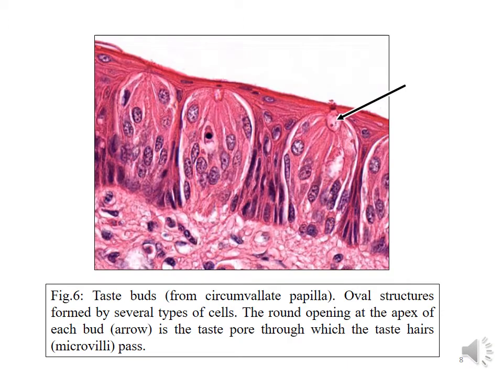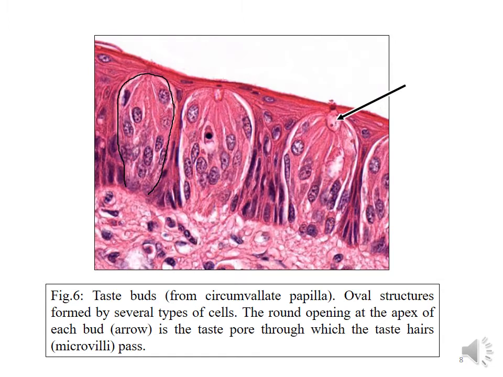Here is a magnified image of the previous slide showing the taste buds. So taste buds are oval in shape, and they are formed of several types of cells: the gustatory cells, the supporting cells, and the basal stem cells. Now, it's not easy to differentiate between the different types of cells in the light microscope.